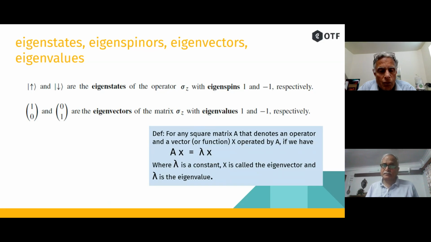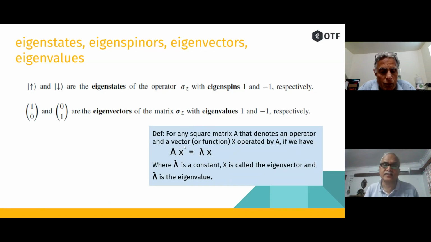So when you pick up any reference book and look at the fundamental conceptual definition of eigenstates and eigenvectors, you'll normally see this. If I have the vector x operated on by a matrix A, this matrix A is called an operator working on this vector x.